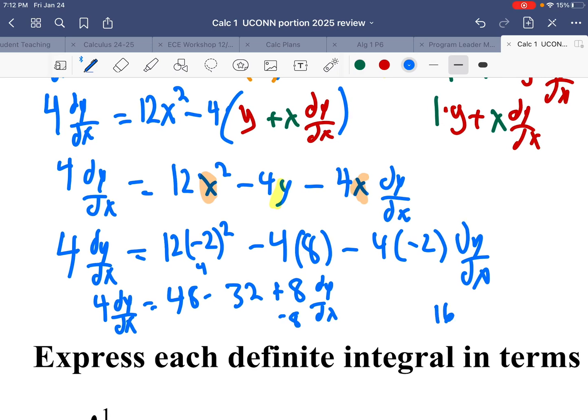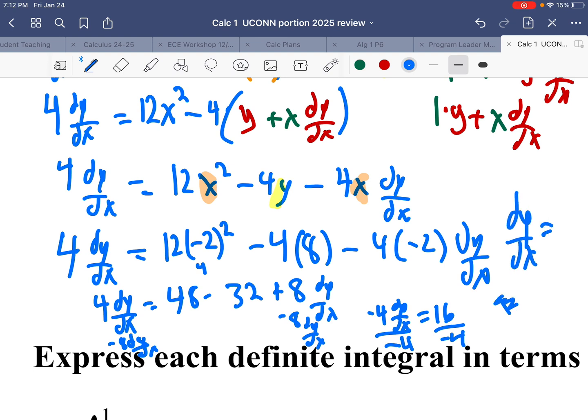And when I subtract 8 dy/dx on both sides, that's going to be negative 4 dy/dx is equal to 16. So I'm going to divide both sides by negative 4 to get dy/dx equals negative 4.